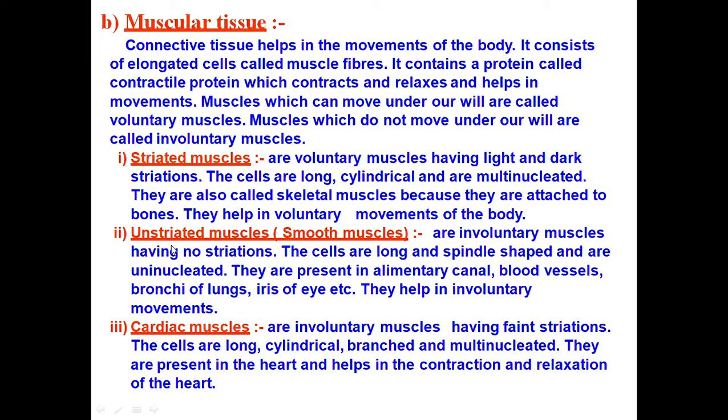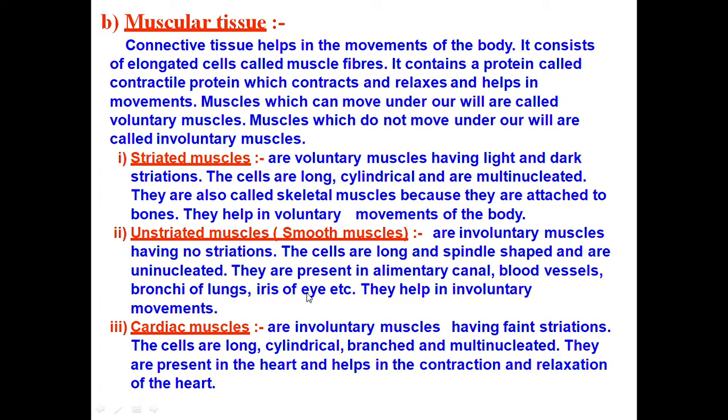Second type of muscles are unstriated muscles or the smooth muscles. They are involuntary because they cannot function according to our will. They function on their own. The cells of this tissue are long, spindle shaped and uninucleate, and they are mainly present in the alimentary canal, blood vessels, bronchi of lungs, iris of the eye.